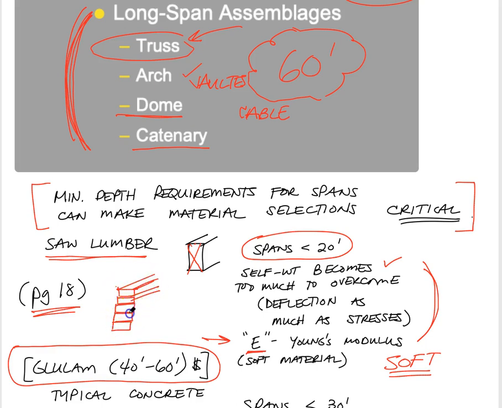And so the only issue with that is the money. But for what you get, if you're just using wood on the project, you're able to span something like 40 to 60 feet, which would be typical for a glulam.